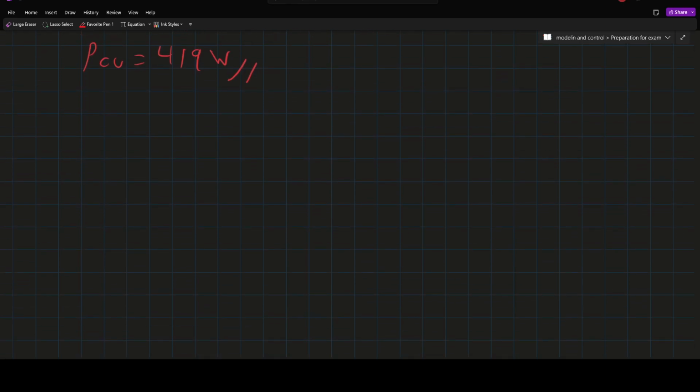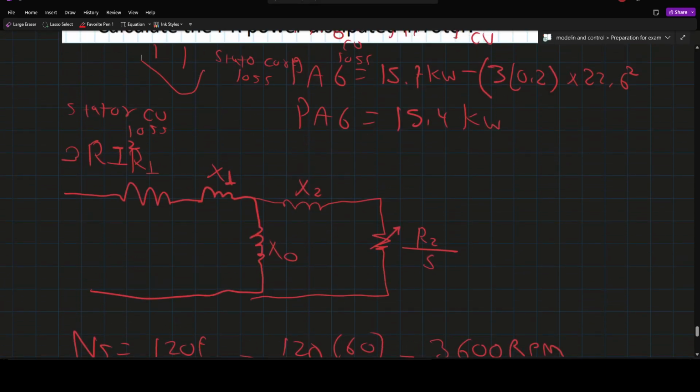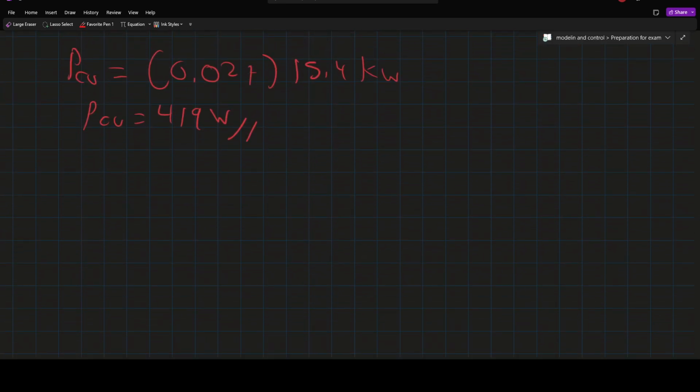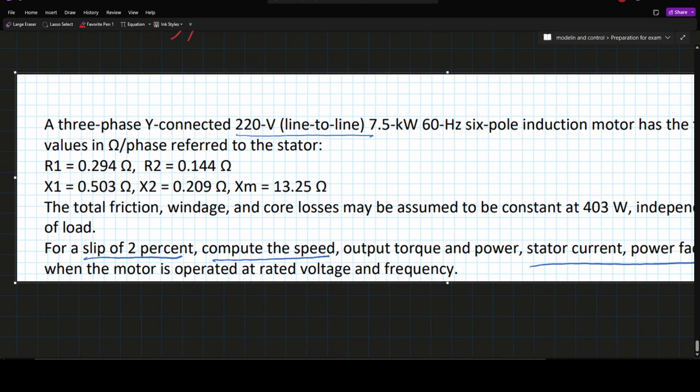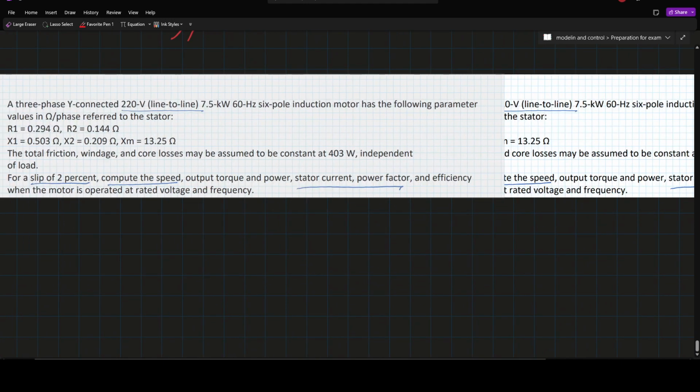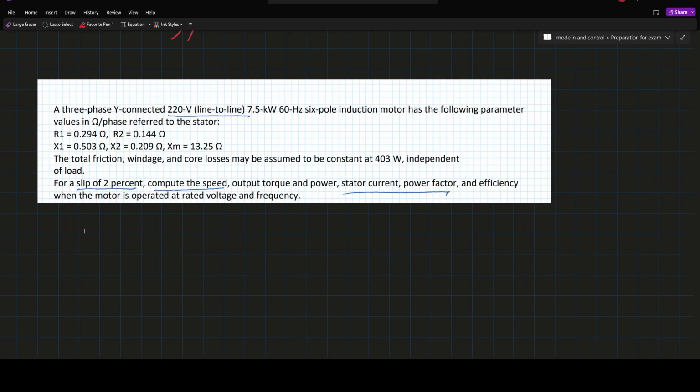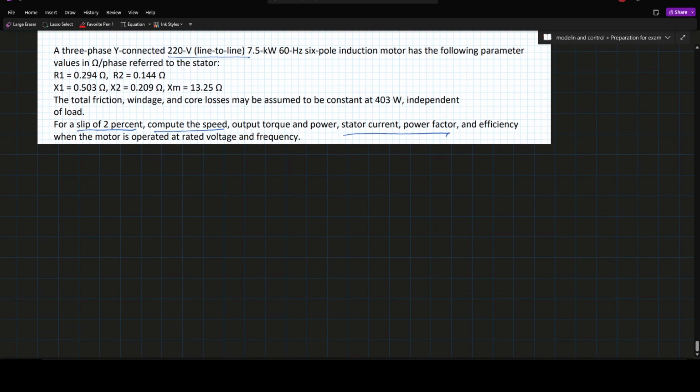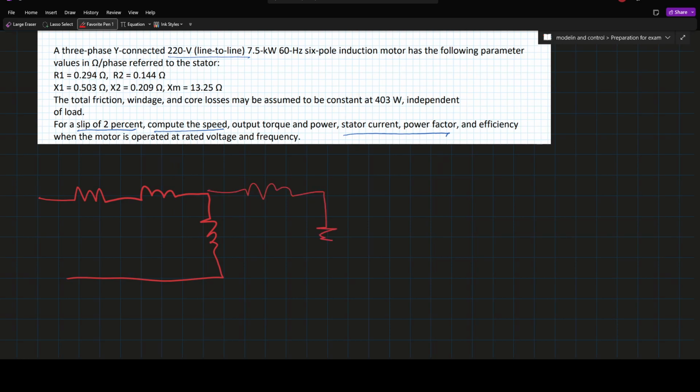Now let's go to the next exercise, also for an induction motor. Again, here we are given the values of the resistance and inductance. So again, let's draw our model so we can see what is what. We did an exercise just like this in another video.